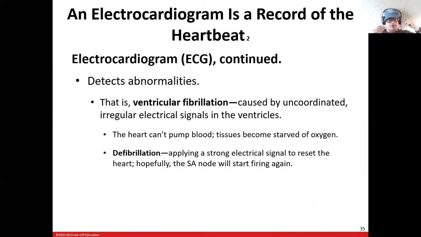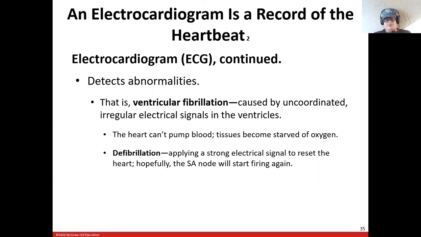You've probably heard of or seen on TV where a bunch of nurses and doctors gather around someone having a heart attack and they yell, "Clear!" and they put electrical signal out. A lot of people think, oh, they're trying to restart the heart. No, they are actually trying to reset it or reboot it.